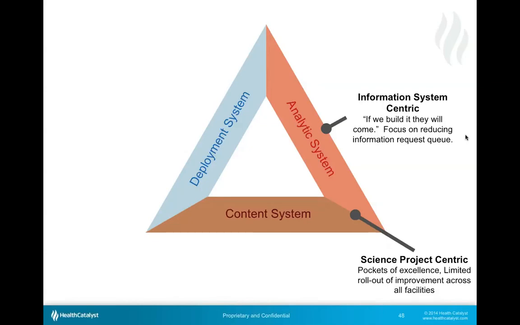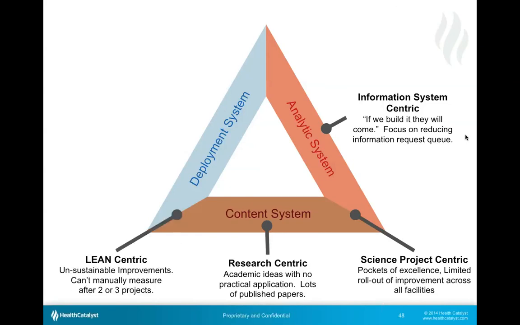You have pockets of excellence, but you fail to roll that out across the entire organization. If you just have the content system, you're research-centric. You have some great published papers, but no practical application of those improvements.